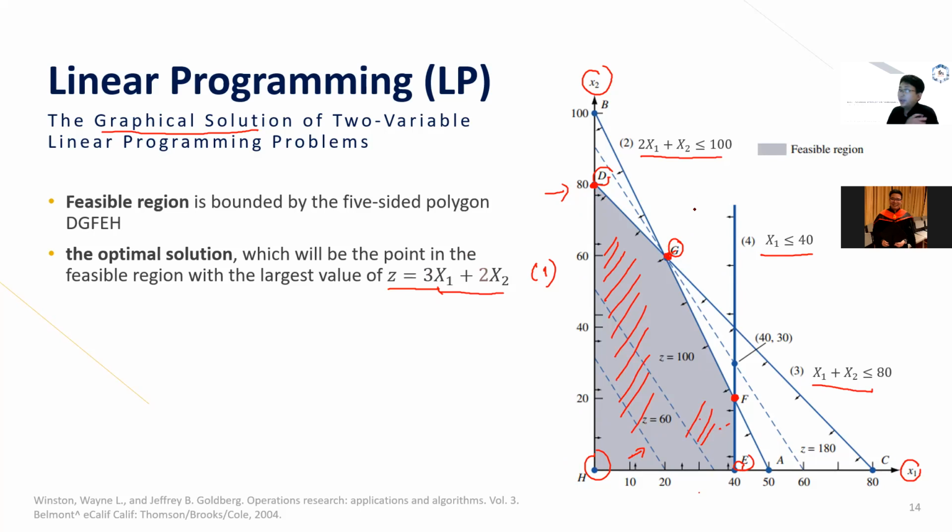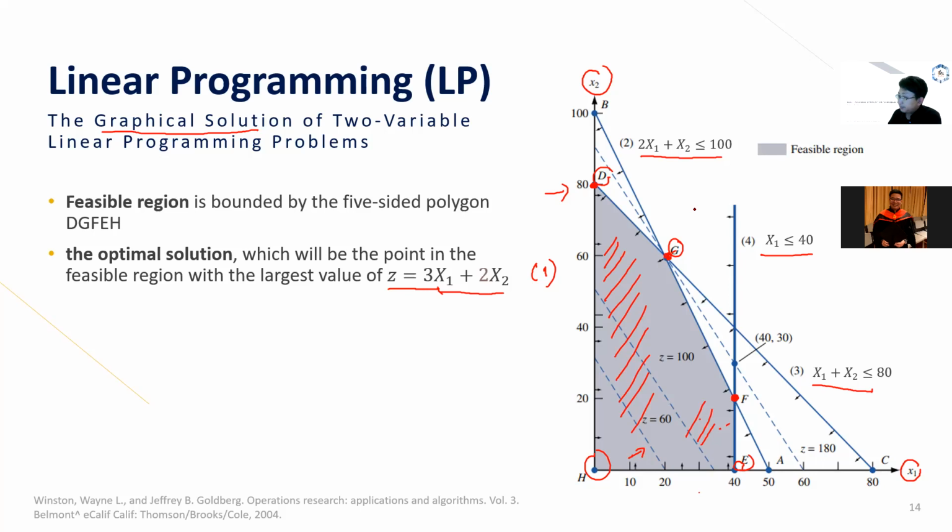Then another way is to use optimization tools. Before optimization tools, there were algorithms like the simplex algorithm, and then we can also use optimization tools like Excel Solver or mathematical programming approaches like AMPL and others. There are many software packages that we can use.